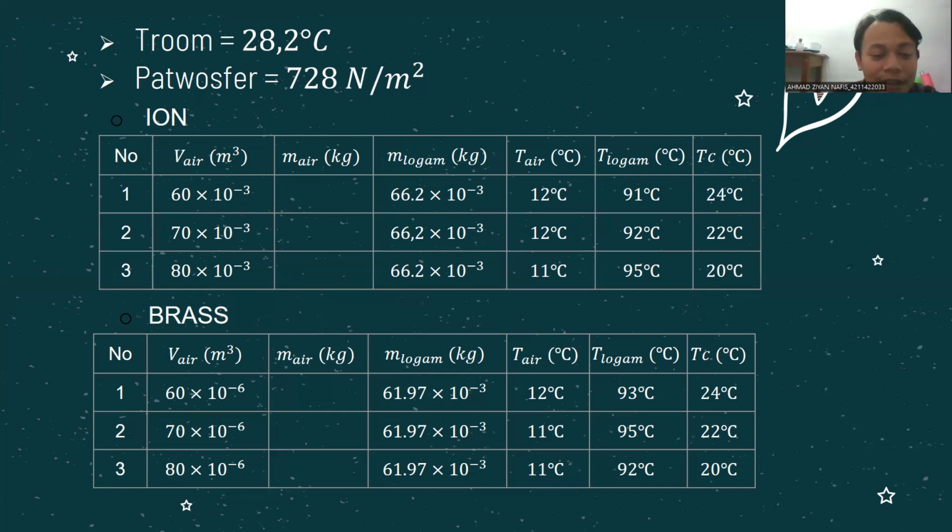Second, volume of water 70 times 10 power of minus 3, and a mass of metal 61.97 times 10 power of minus 3.